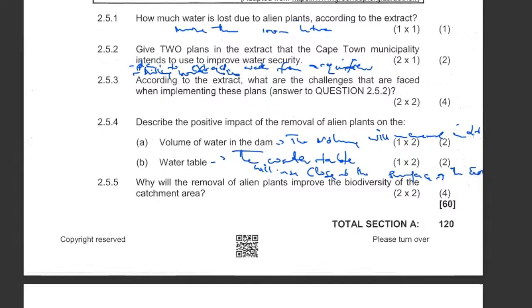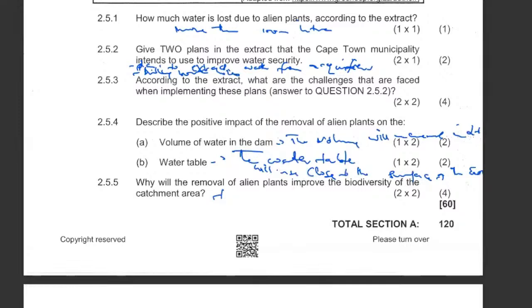Why will the removal of the alien plants improve the biodiversity of the catchment area? Why will the removal of the alien plants improve the biodiversity? So why will it improve?